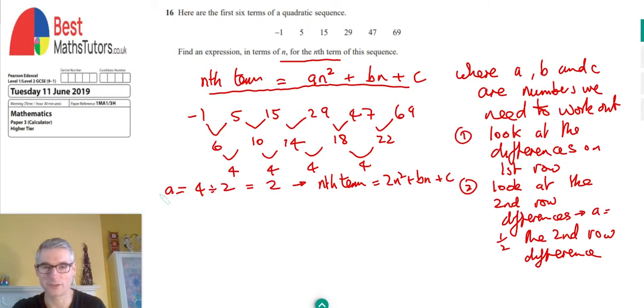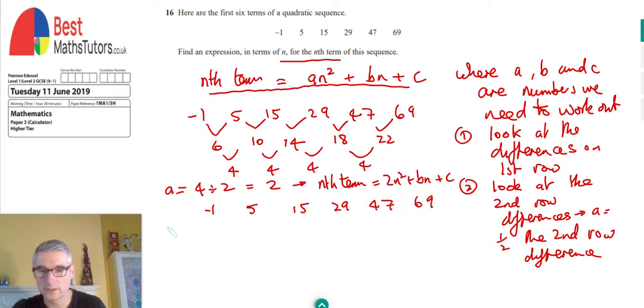Okay, and there's a couple of methods we could use. I find my students find the easiest one is where we create another row. We take our sequence, so I'm going to write this out again: -1, 5, 15, 29, 47, and 69.